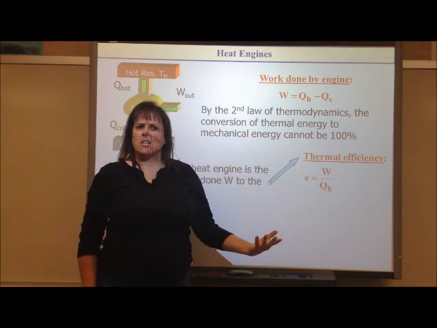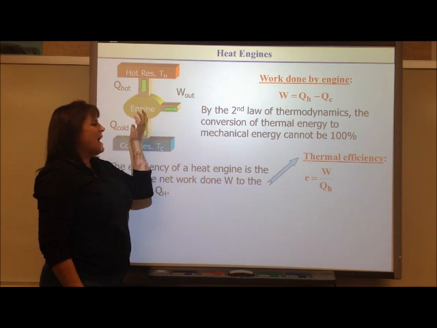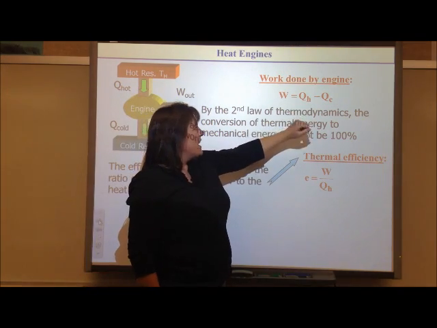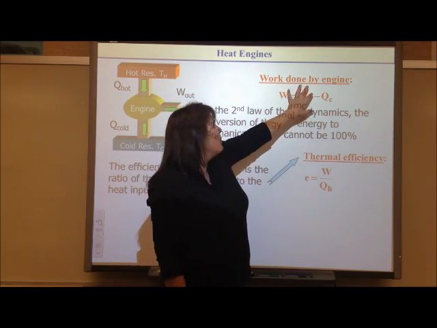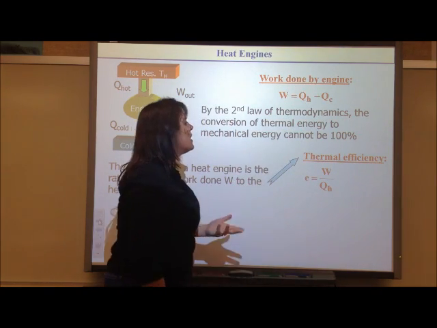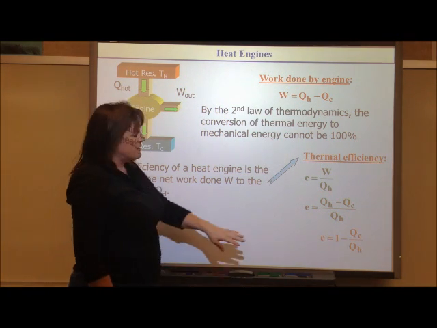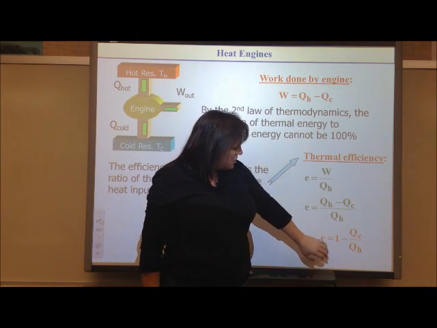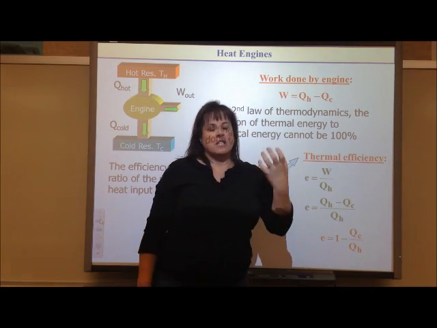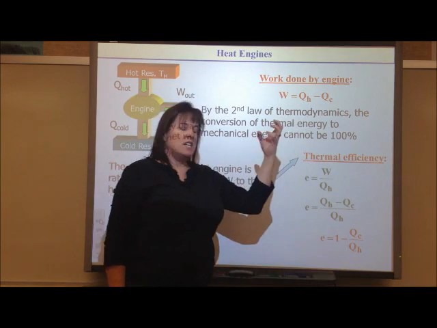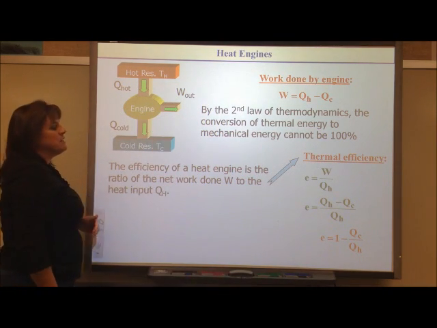Now, of course, we can rearrange this equation. Maybe I don't know how much work is being done, but I know how much heat is being exhausted from the engine, and I don't want to calculate work. We could just plug this equation in for work and do some rearranging and get that the efficiency of a heat engine is 1 minus how much heat is coming out or being exhausted from the system divided by how much heat is moving into the system.